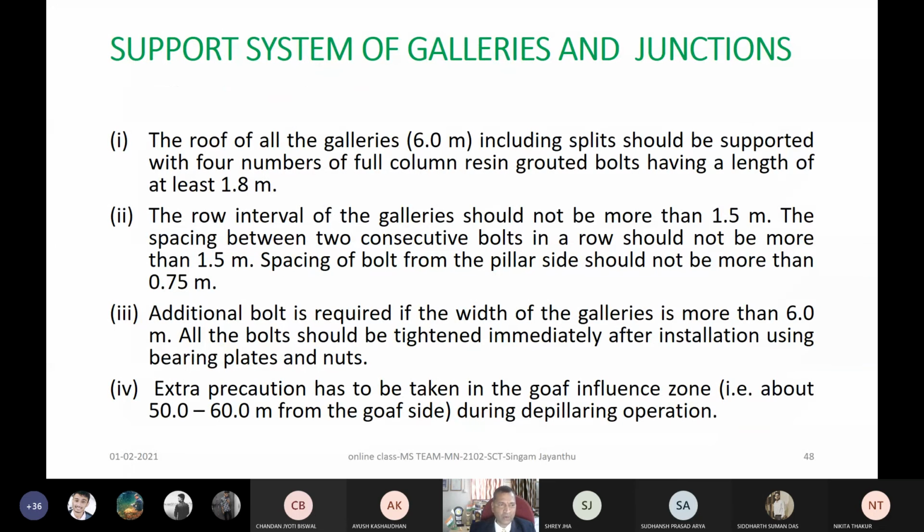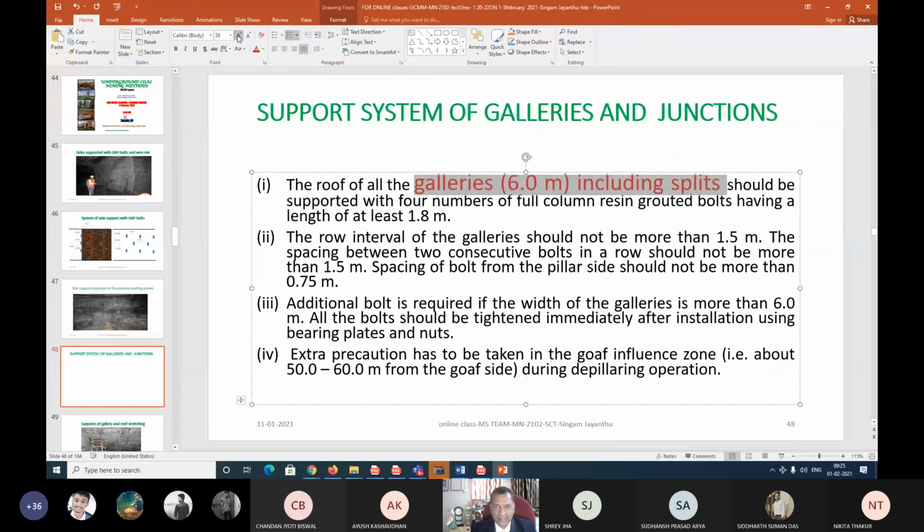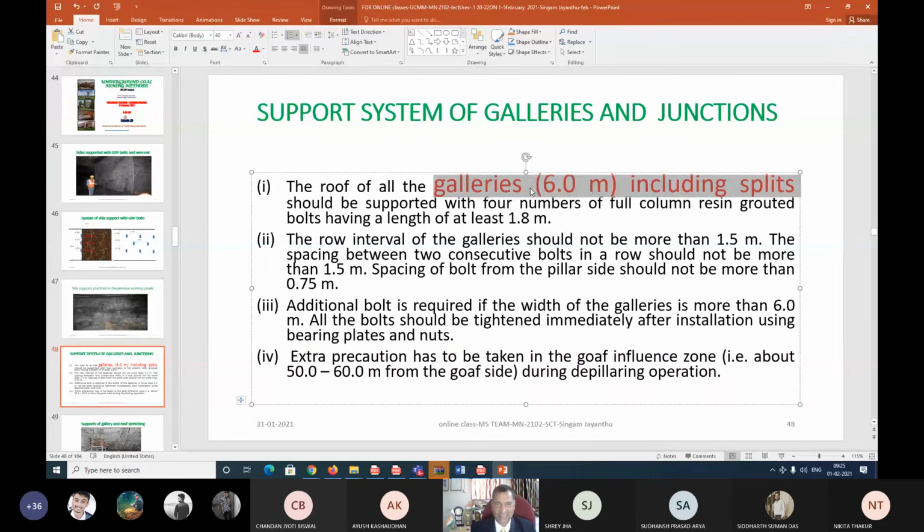Going a little further, the support system they used at that time: the galleries are around 6 meters, including the splits. I am increasing the size to make it more legible for everybody.